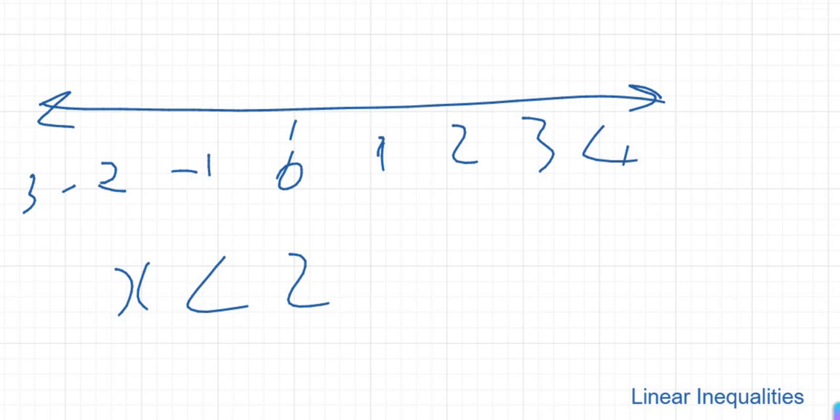So if I say x is less than 2, what I'll have to do is start at 2, and the direction that is less than 2 is going in this direction. And so if that is the case, then we'll have to make it look more official.